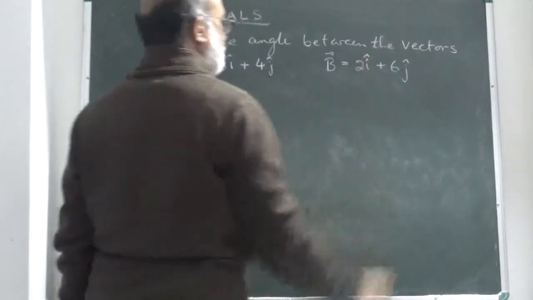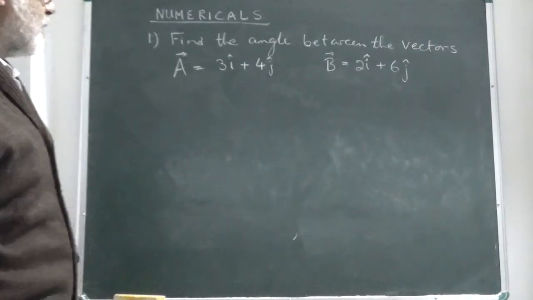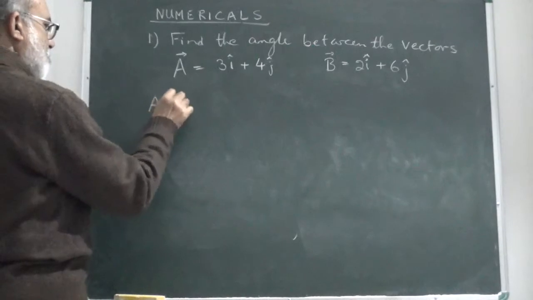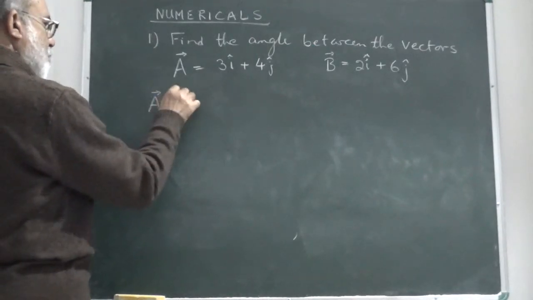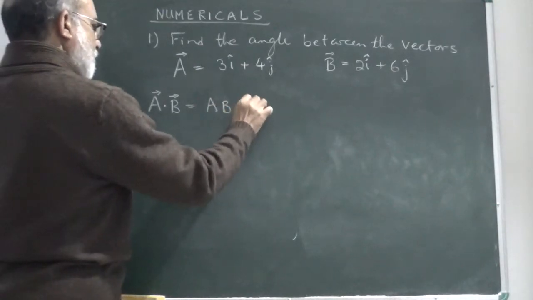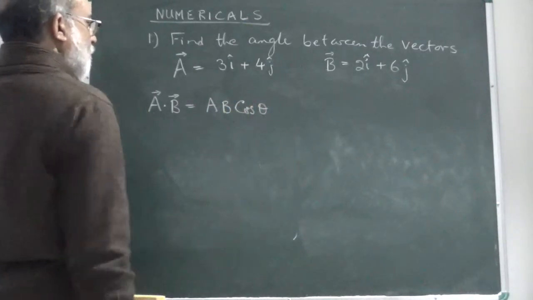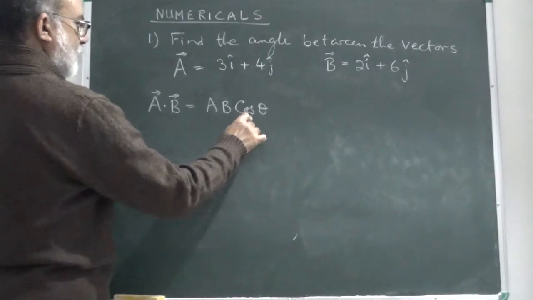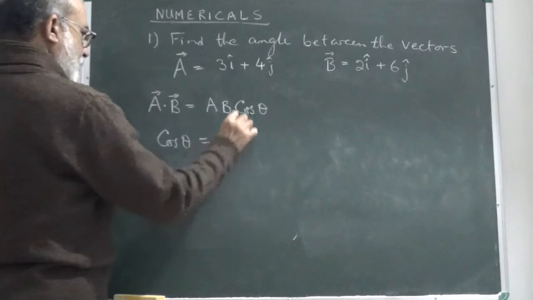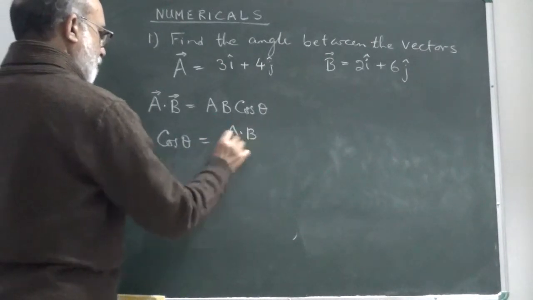Now we have to find the angle between the vectors A and B. So we know that A dot B is AB cos of the angle between them. So one way to find the angle is to find cos theta. So cos theta will give you A dot B by AB.